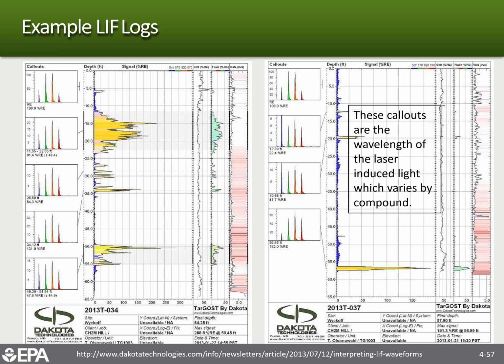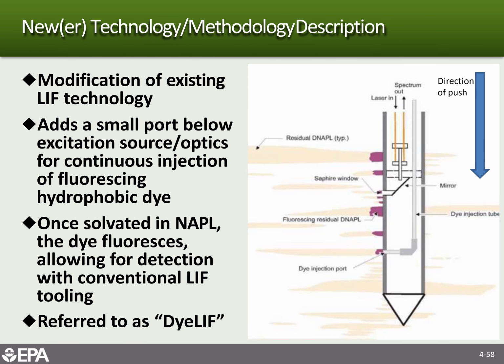But you can see, you get these really strong indications of where the NAPL is, how it's distributed through this zone here. Especially if you have some other information in the subsurface, you can match this up and really learn where your source areas are.